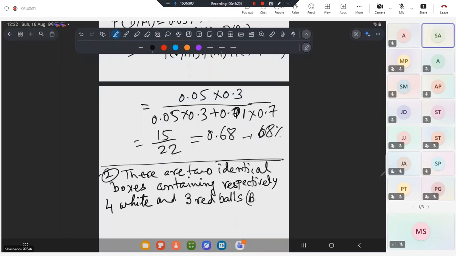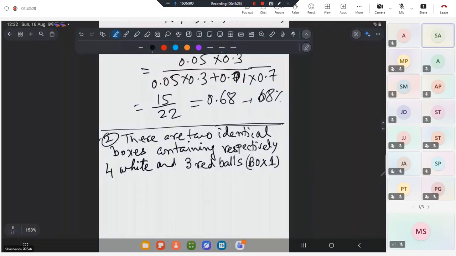So this is for box one. And the other has three white and seven red balls. So that is box two, and both boxes are identical.